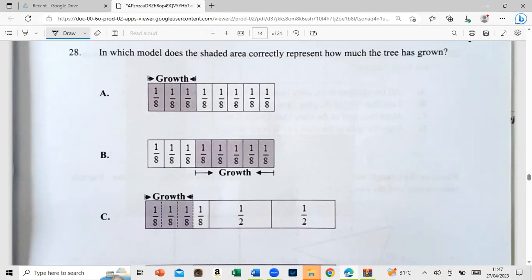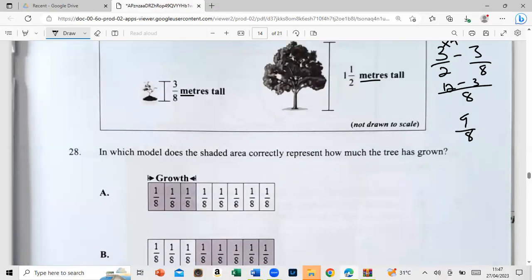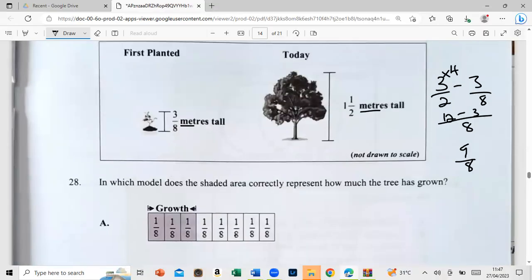Let's see if it was 9/8 or 8/8. 2 into 8 is 4. 3 fours are 12. So that's 9/8. Why am I getting 9/8?